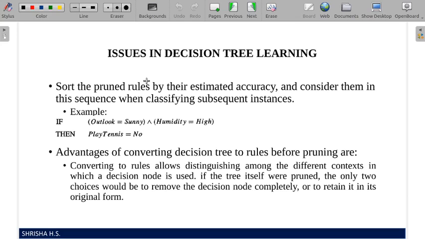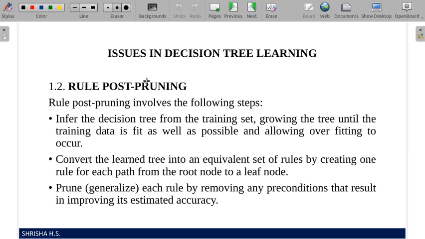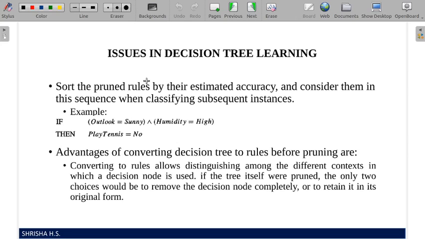For each yes and no leaf, there is one path from the root, and here we have taken one path, outlook equal to sunny and humidity equal to high. This is converting it to rule form. First we had a decision tree, and from that we have converted it into a rule form.